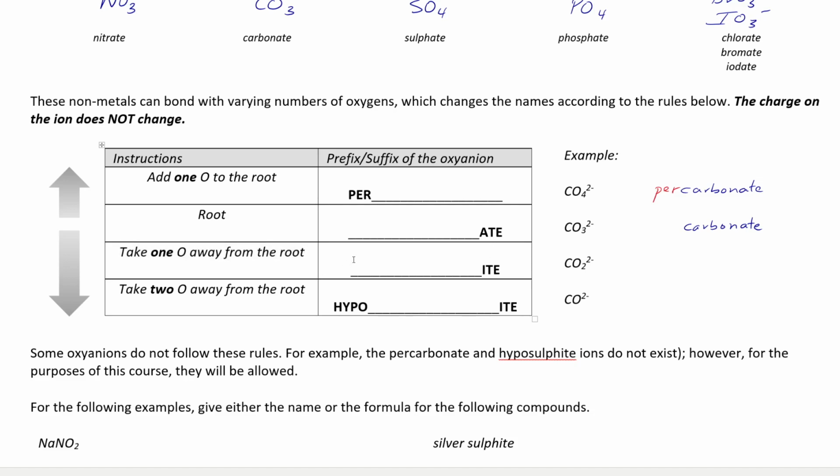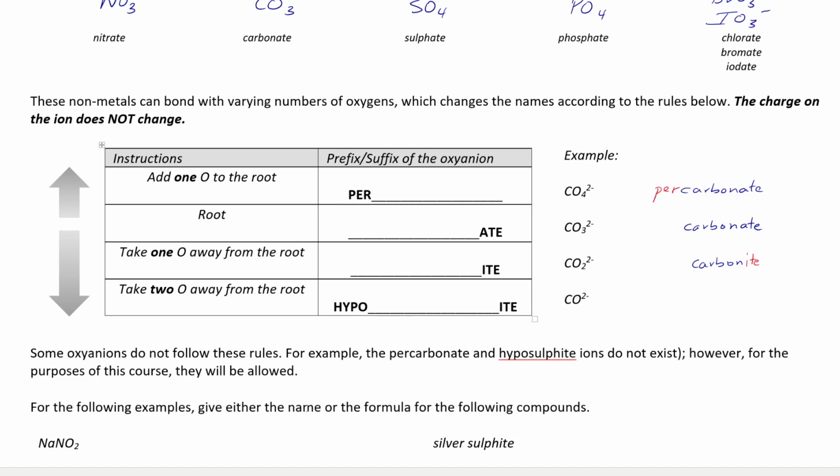For example, CO2 negative would be called carbonite, where I change it from ate to ite. Note that this is not carbon dioxide because this has a charge of 2 negative. So that makes it a complex ion, and it's called carbonite.